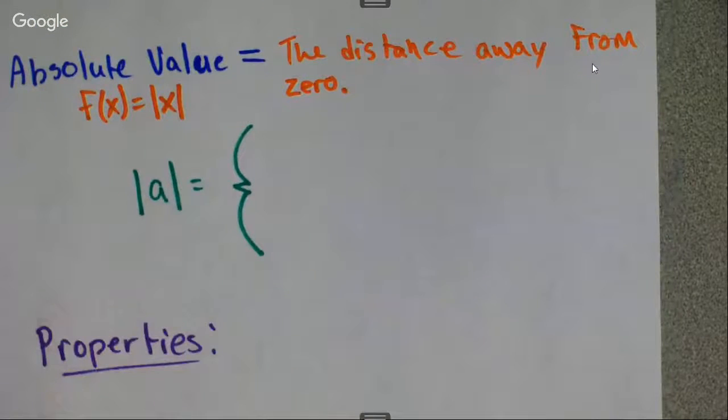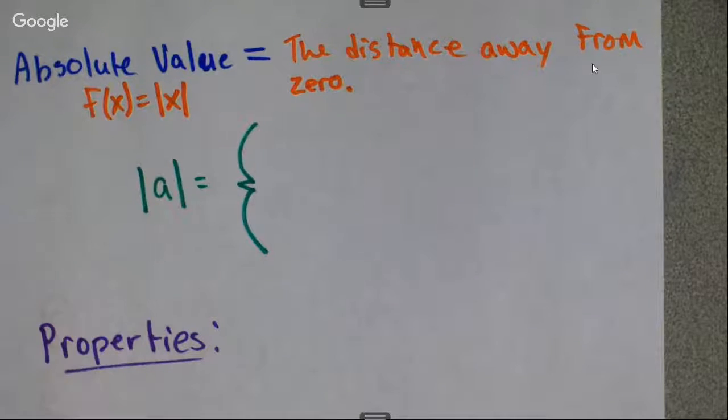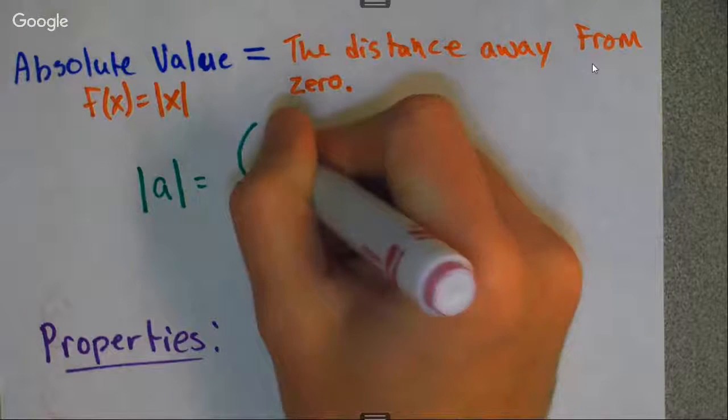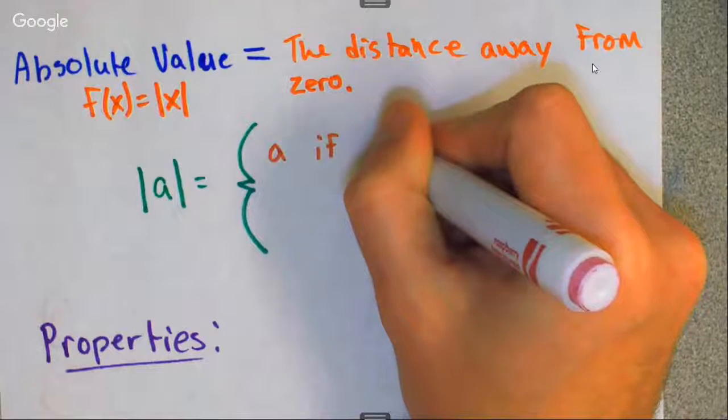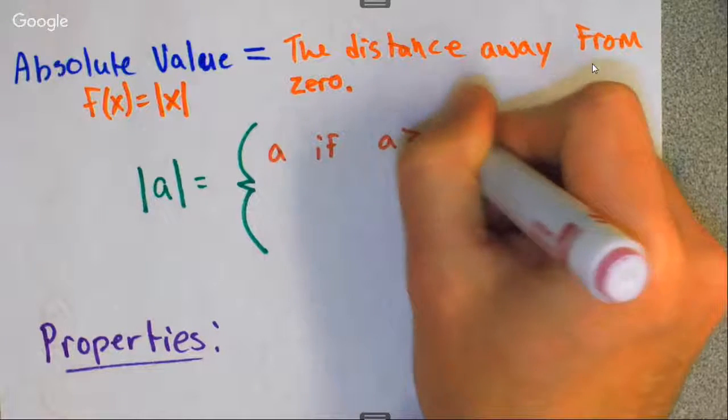So the absolute value has its own equation, and it looks like this. It's actually a piecewise function. So we have that the absolute value of a equals a if a is greater than or equal to 0.